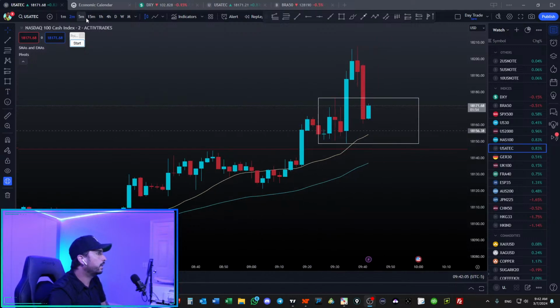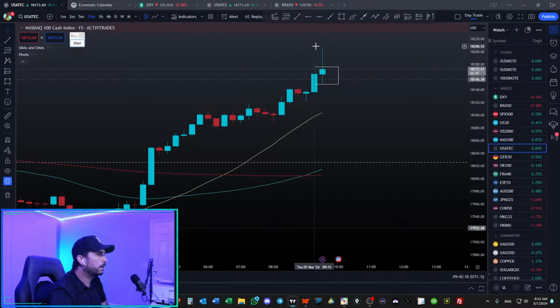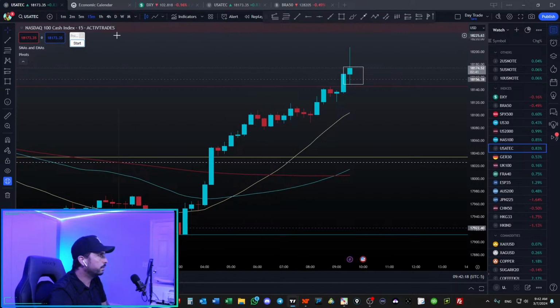We're still waiting, guys, because price shot up, looked for liquidity, and got back inside of the 15-minute range, the opening range. So we're still not doing anything.